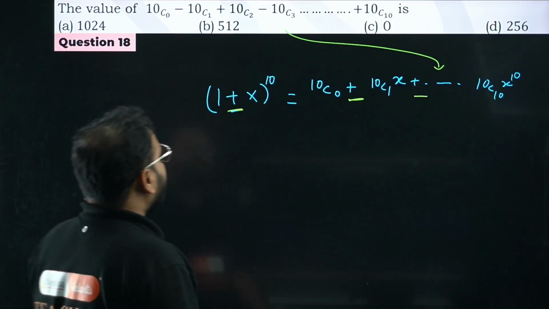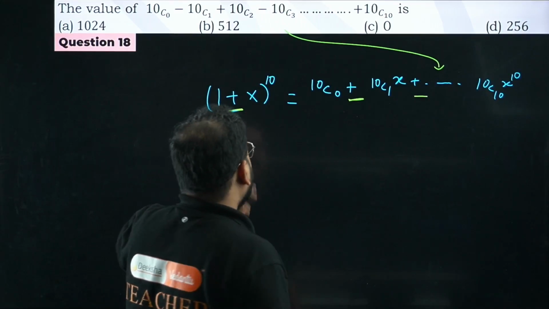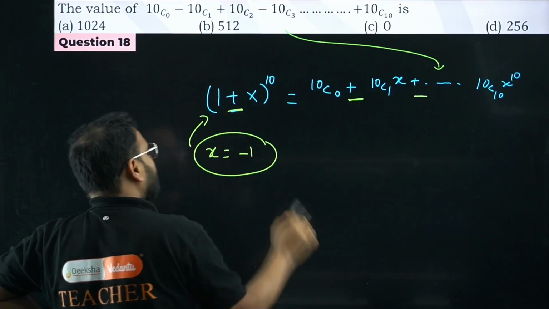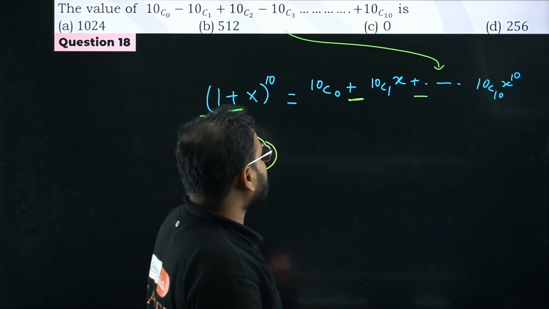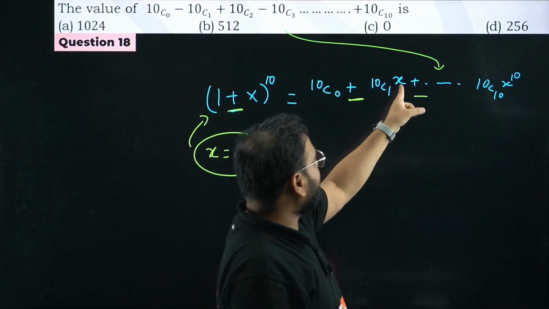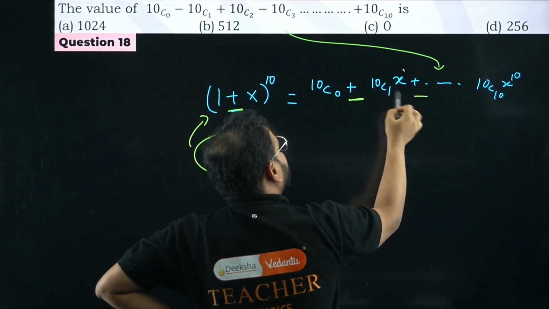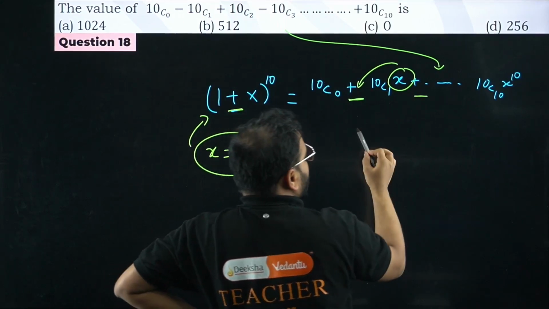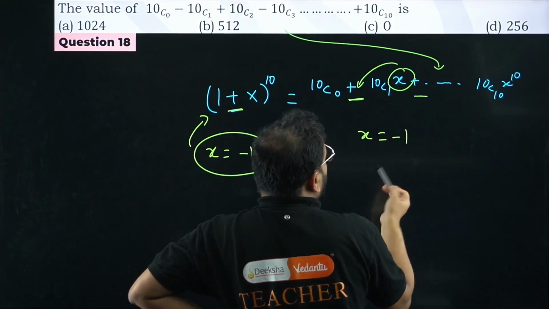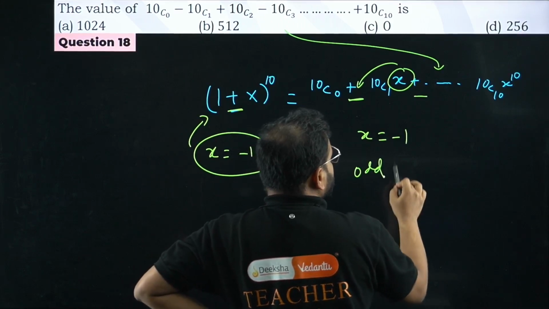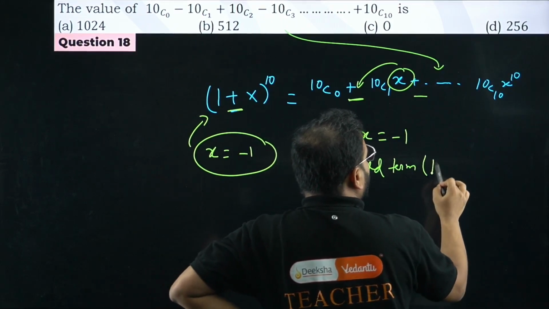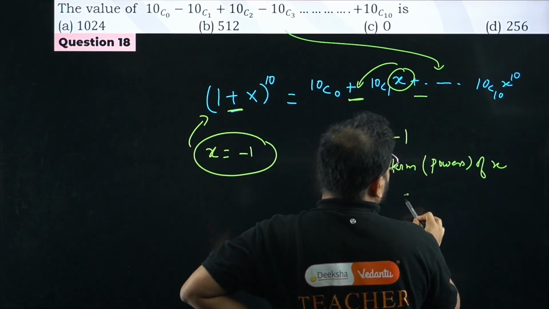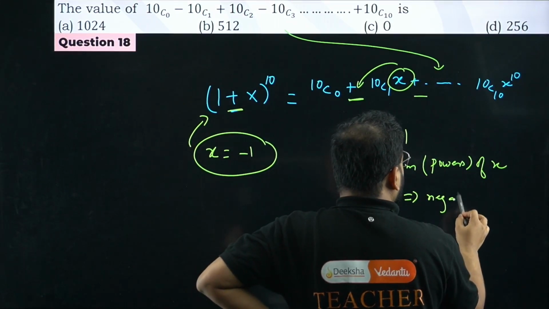Agreed? Now basically what I'm trying to say is, if you substitute x as minus 1 in the expansion, you'll get the result. If you put x as 1, it'll be positive only. But put x as minus 1, and the odd powers of x will be negative.